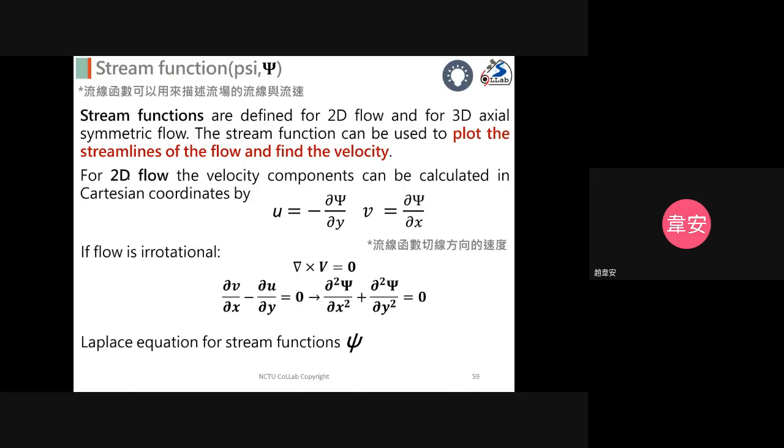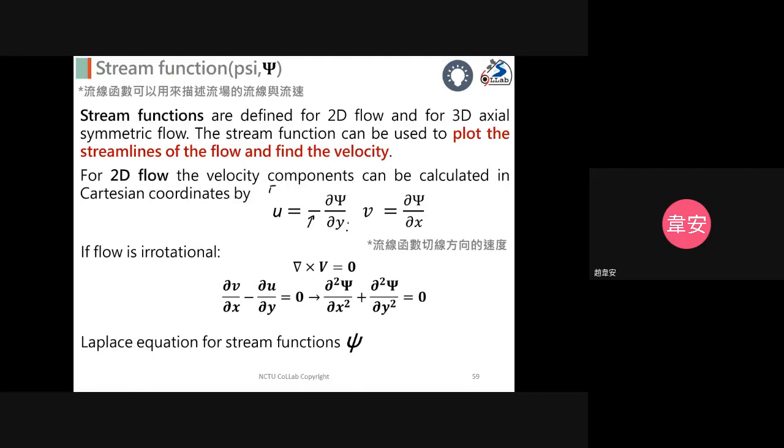For the 2D flow, the velocity components can be calculated in Cartesian coordinates by the equation shown here. This is very important: u is equal to minus d psi dy, and the velocity v along the y direction is equal to d psi dx.